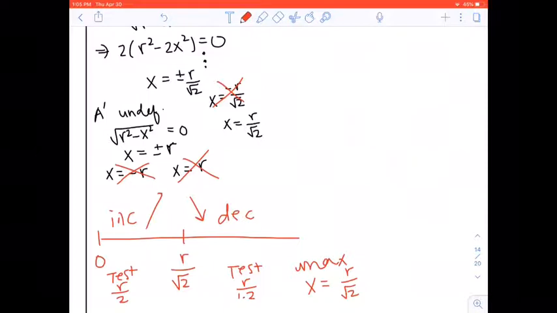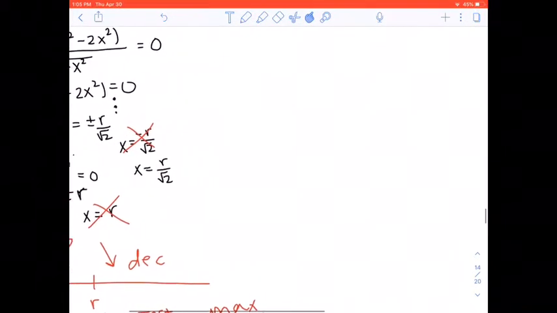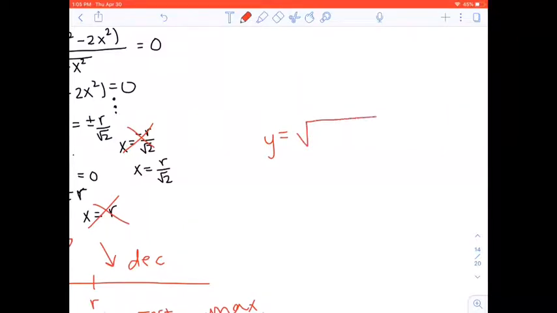And so it's asking for, in this problem, the dimensions. The dimensions are going to be x, which is what we have, and y, where the formula that we had for y was the square root of r squared minus x squared. Substituting in what we got for x, we have r over rad 2 squared.